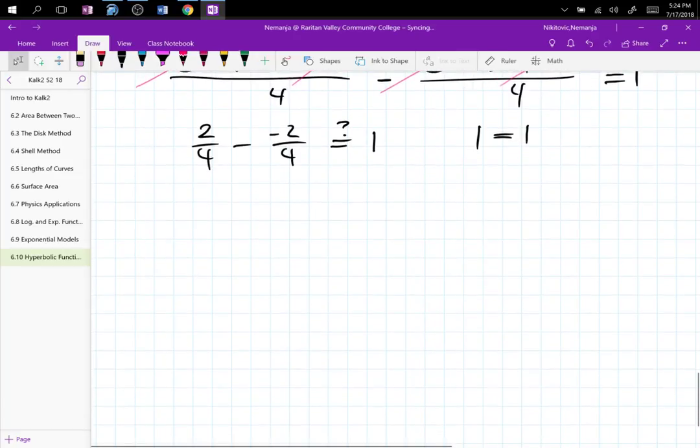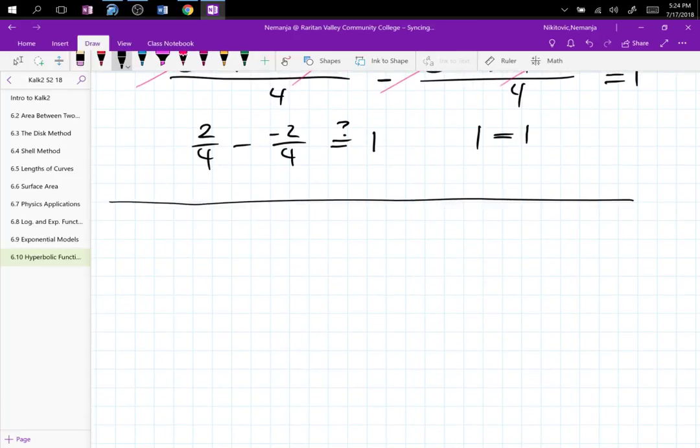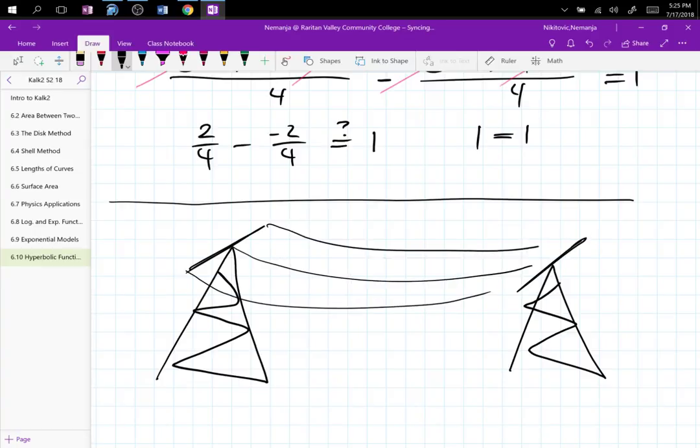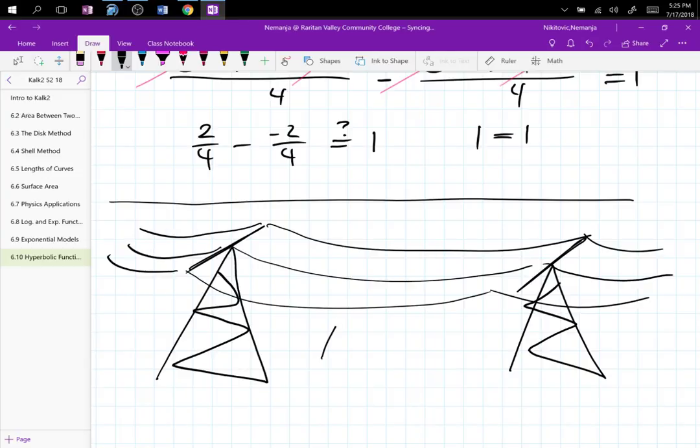I will give you one application for hyperbolic cosine. When you have those power line towers and you stretch cables between them, and they keep going past these guys, the equation for a cable that is hanging is given by the hyperbolic cosine.